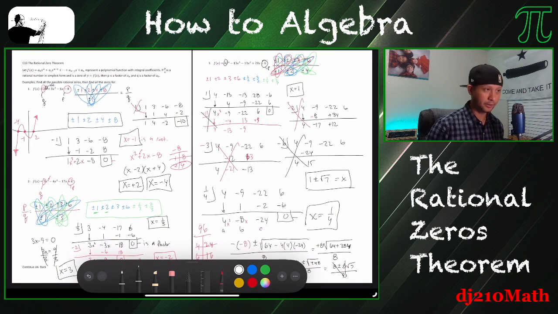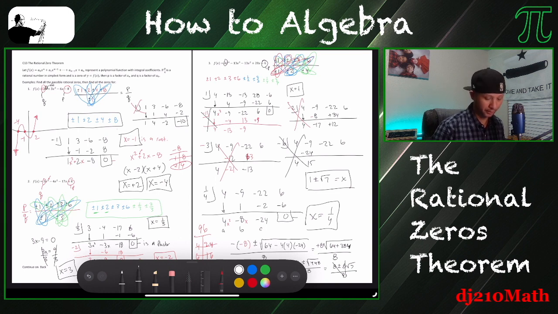Okay, so this was the rational zero theorem. In summary, when you're given a polynomial, you can factor it by taking the factors of the constant over the factors of the leading term, put them over one another, and choose from that list of rational numbers, right?